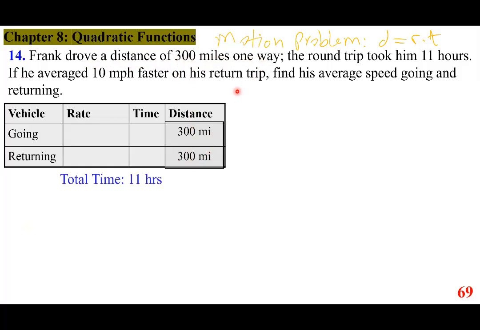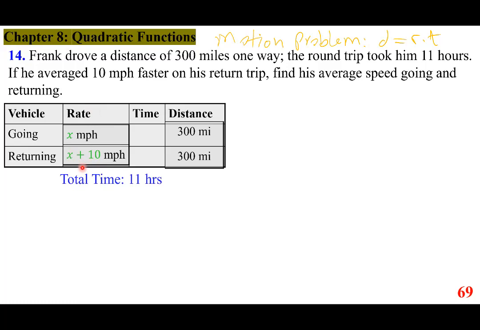If he averaged 10 miles per hour faster on his return trip, that means when we are going, we don't know the speed, but we do know when we are returning it's the same plus 10. So x and x plus 10. If we were to do it by system, we would call y, where y is x plus 10.